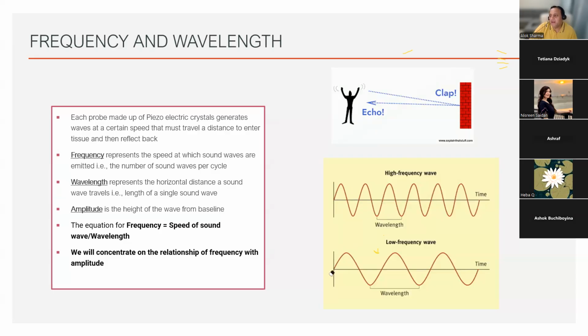On the other hand, when you have a lower frequency of sound waves, you'll have fewer echoes coming back to you. Now, naturally, if you have a large number of echoes coming back to you from tissue in a perpendicular way, you're going to get better tissue delineation. You're going to get better tissue interpretation. On the other hand, if you have fewer echoes coming back to you, you're not going to get as good a tissue demarcation because naturally there are fewer echoes which are interacting with tissue.